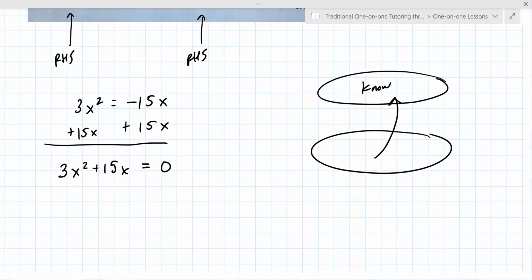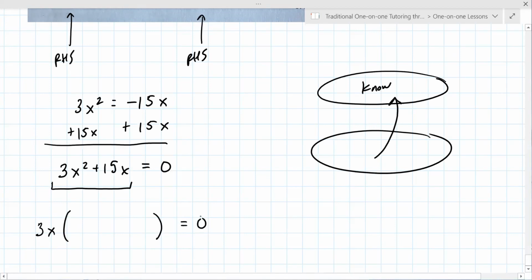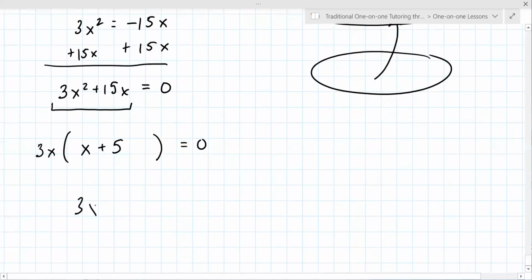So what is the greatest common factor between both of these? The greatest common factor between both of those is 3x. Okay, now what goes in parentheses? X plus 5. So then 3x equals 0. Exactly. And x plus 5 equals 0.